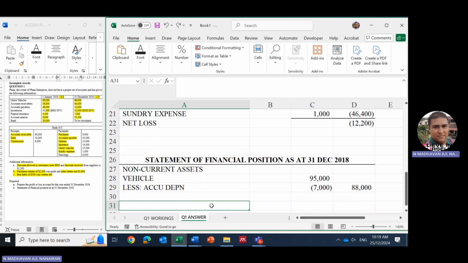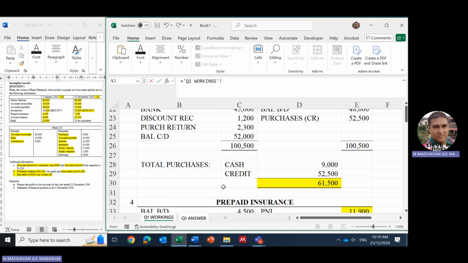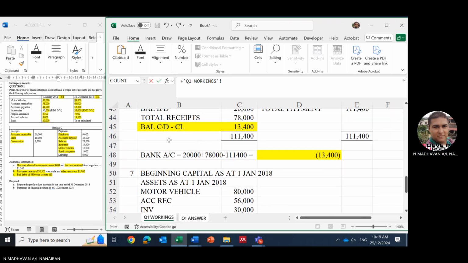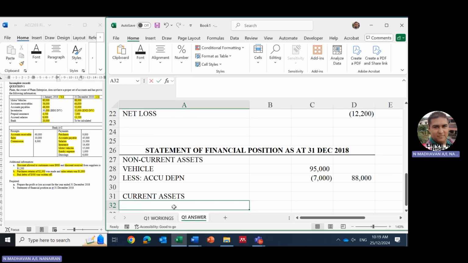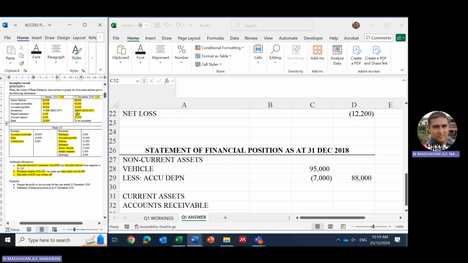Next, we have the current assets. First one, you have bank. Bank we calculated, right? No. Bank is debit or credit? It's supposed to be current liabilities, correct? Yes? So we ignore. So bank cannot go in. Next, accounts receivable. Where do you take this information from? See here. Accounts receivable will be how much? 64.